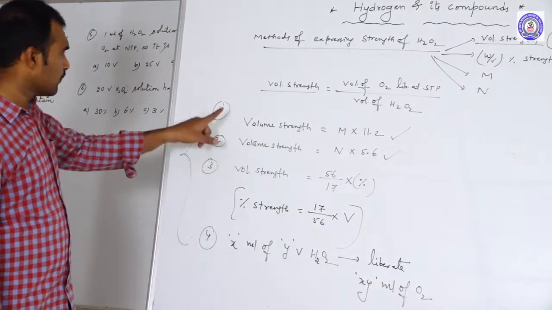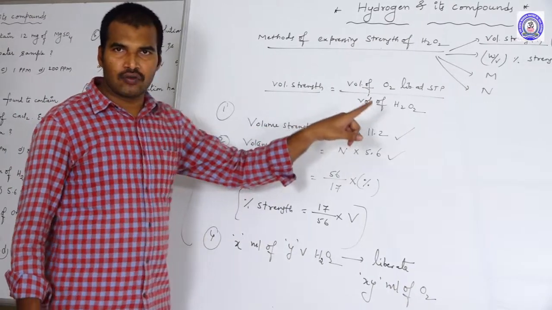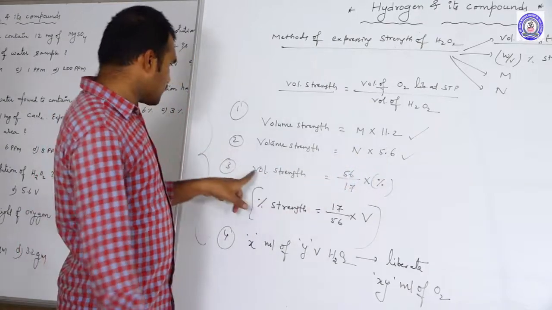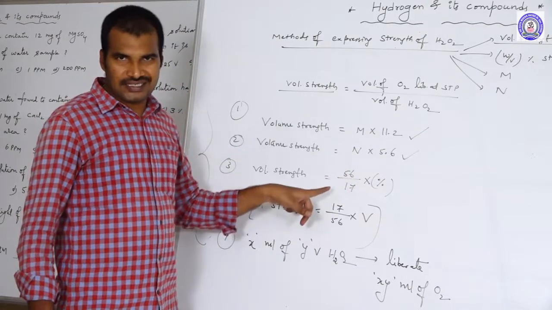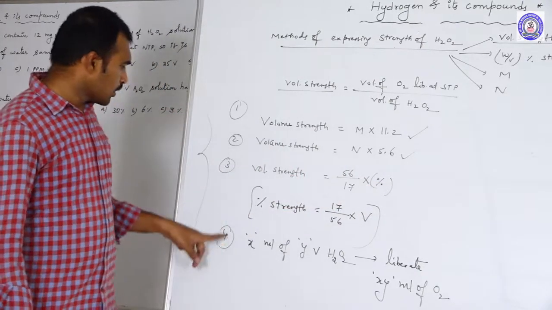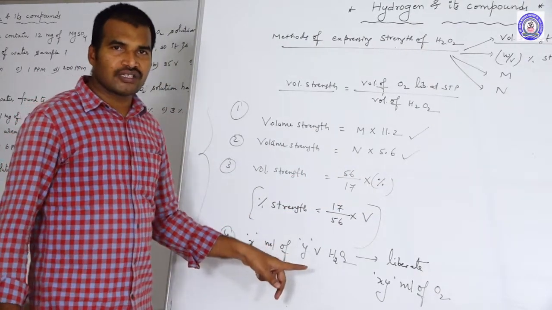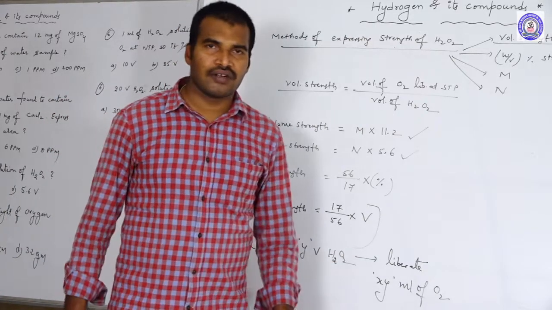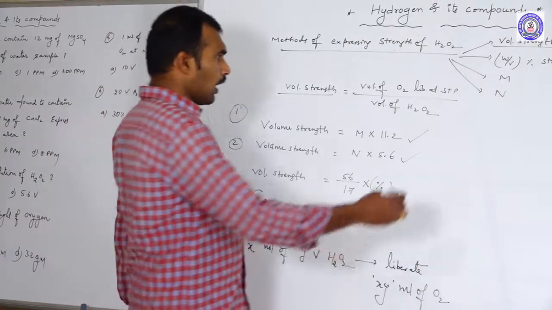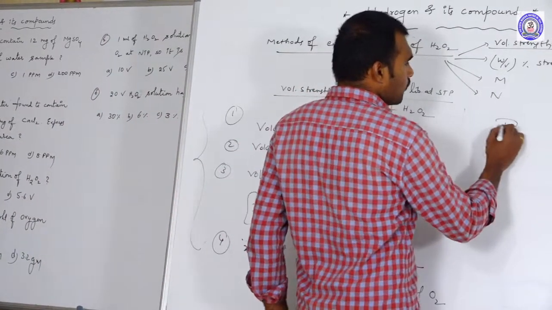Just remember once again: volume strength is equal to molarity into 11.2, volume strength is equal to normality into 5.6, volume strength is equal to 56/17, that means about 3.3, into percentage strength, and x ml of y volume strength H2O2 after decomposition always liberates xy ml of O2. And one more, perhydrol.